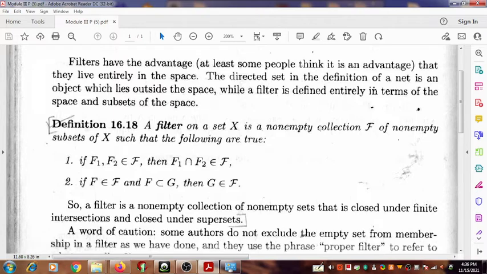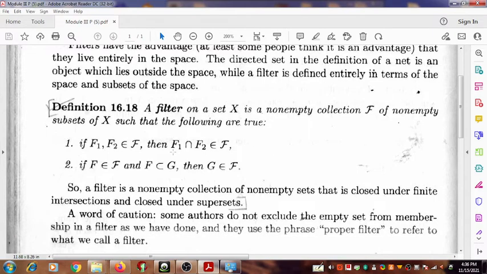So a non-empty collection of non-empty subsets of X is taken in script F, which satisfies the following conditions. And these conditions are satisfied by the elements of F.